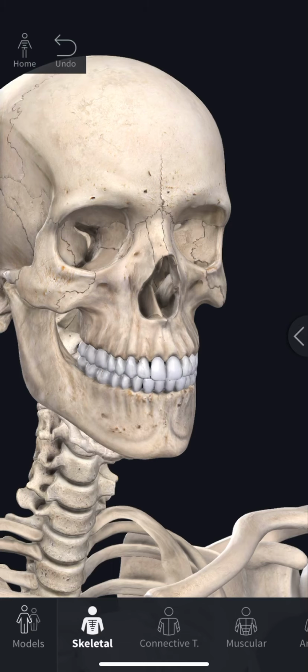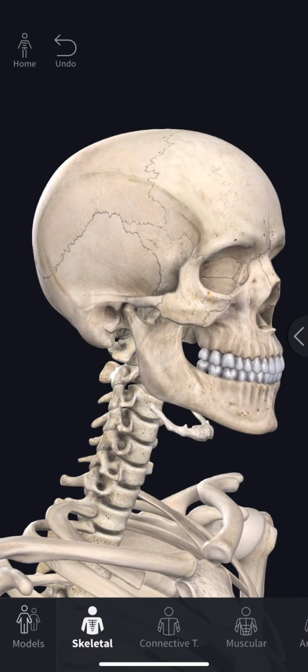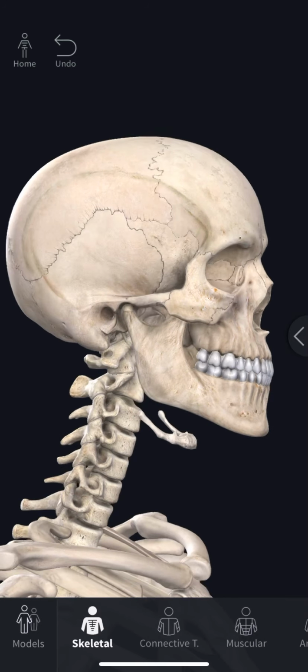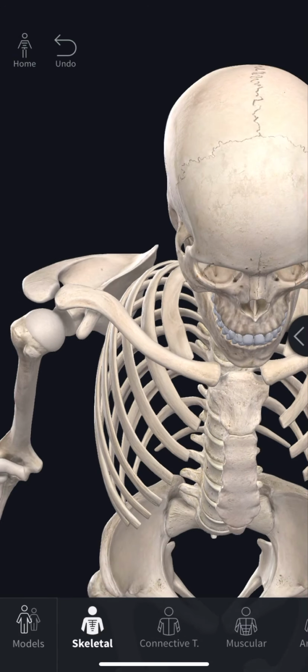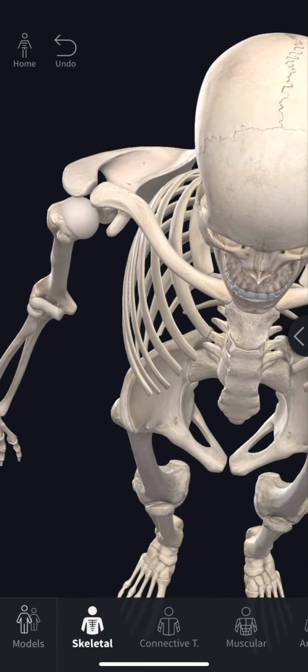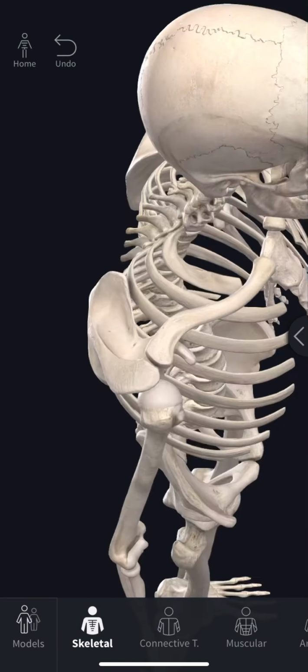If you rotate the skull to the lateral side, this view is known as norma lateralis. If you look at the vault or the skull cap from top, which view are we seeing? This is norma verticalis.